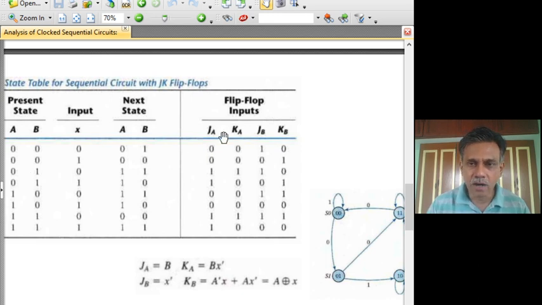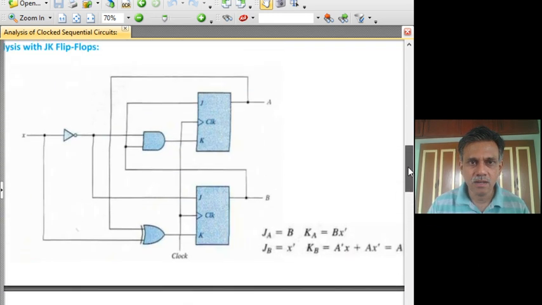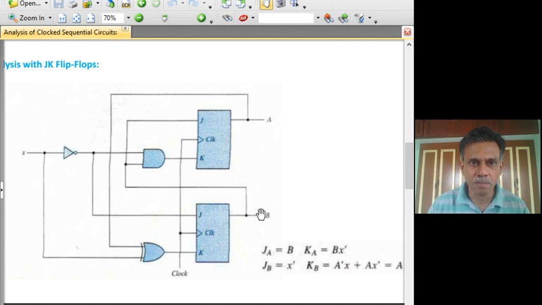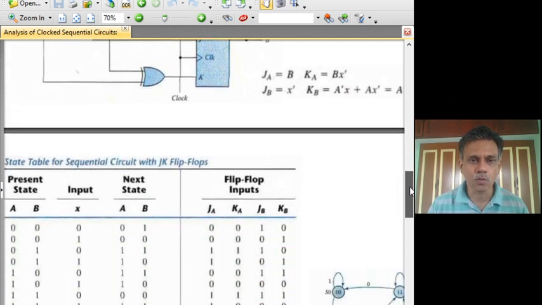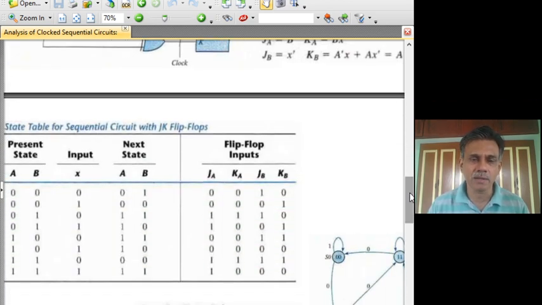And in order to find the next state, that is A plus and B plus after the clock pulse arrives, we should know the J and K values of the corresponding flip-flops. So that is what is essential. So we have to put down the intermediate values of the signals that decide the outputs of the flip-flops.